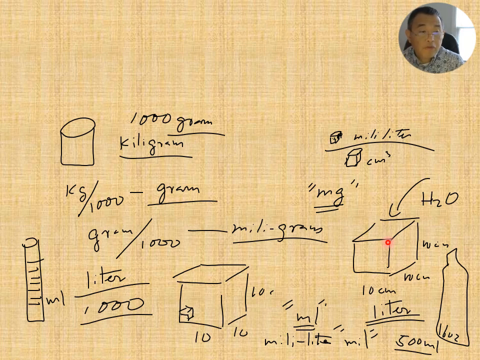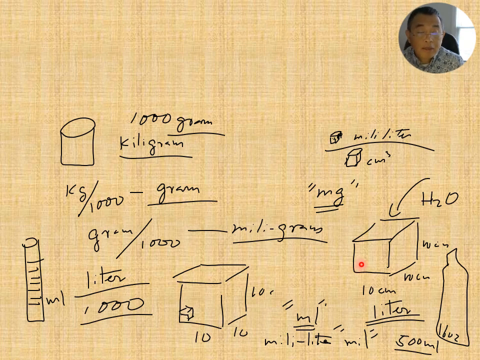And then if you divide this box by 1,000, it is formed by tiny cubes of 1 centimeter in size, like this corner. That is a milliliter. It's very small. A milliliter is about this tiny cube. So a liter of water is 1 kilogram, and a milliliter of water is 1 gram.